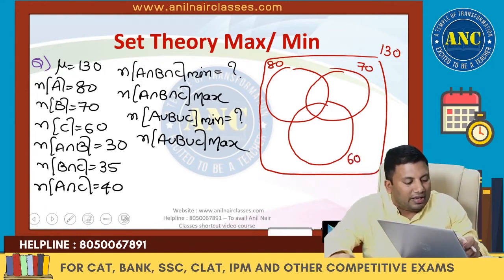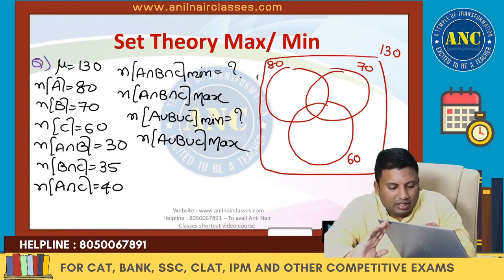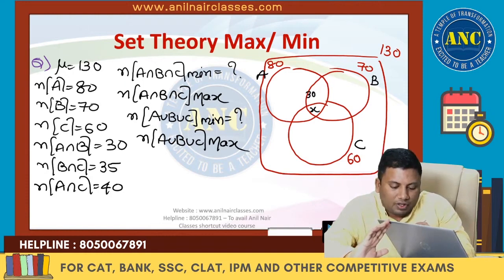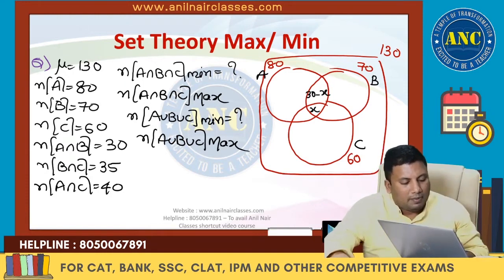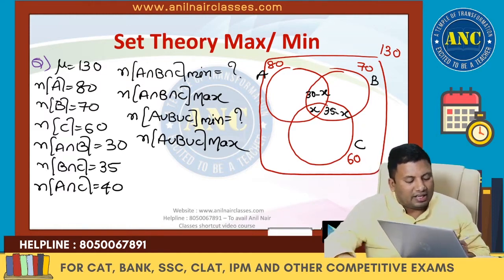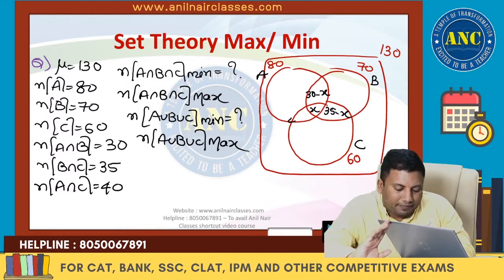N of A intersection B. This is A, this is B, and it is C. This is X. A intersection B is 30, so 30 minus X. B intersection C is 35, so 35 minus X. A intersection C is 40, so 40 minus X.